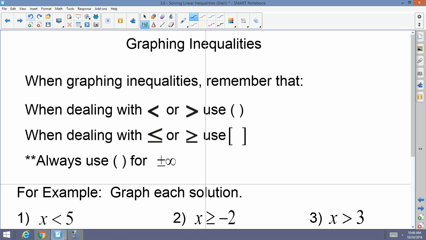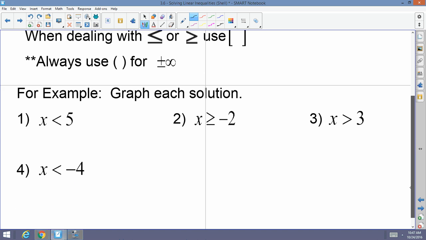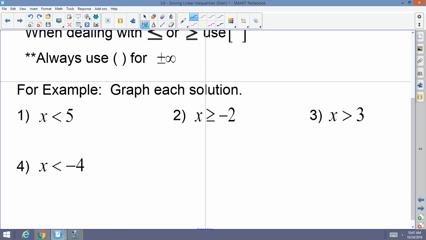We're going to give examples now in 2 shakes of a lamb's tail. All right. So, for example, let's graph each solution here, okay? So I've got here x is less than 5. All right. So I'm going to go ahead and put a little number line. Here's my 0.